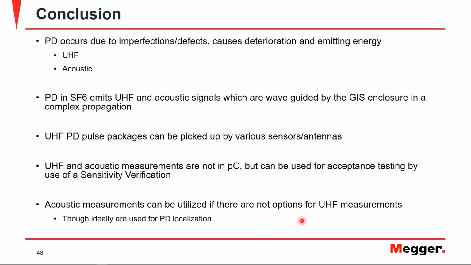And finally, acoustic measurements can be utilized if there are no options for UHF measurements, or if you have a UHF measurement and have determined that there's a defect. You can use them to determine if there's a defect, but primarily for localization, as we saw in the last example, where we were able to determine where in that GIS system the PD defect was located.